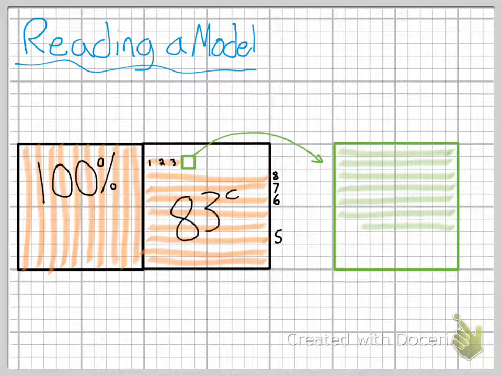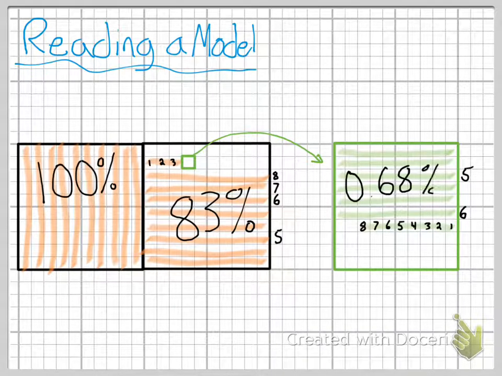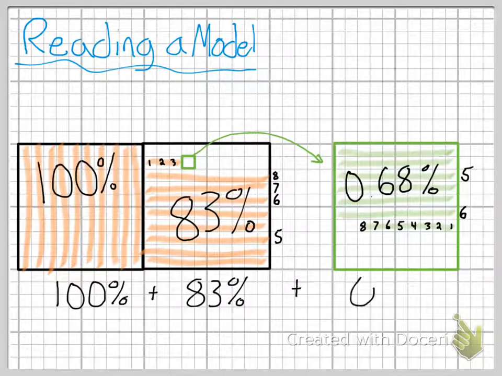That would give me 83%. And I'm isolating less than 1% here. On the third chart, in my hundredths chart, I have 6 groups of 10 and 8 individual blocks filled in for 0.68%.